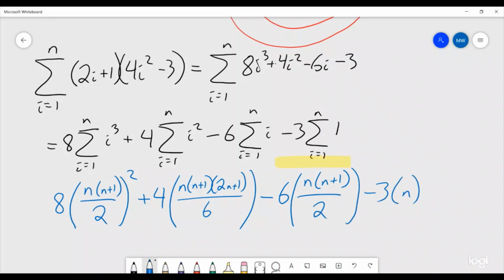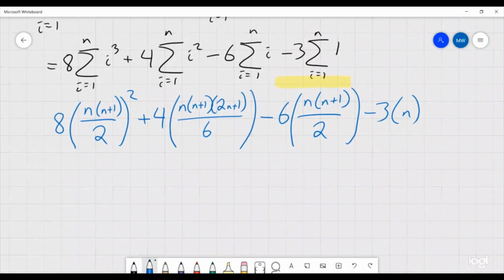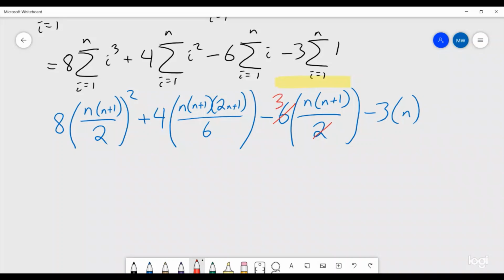That's what each of those sums go to. And you can try and combine everything together to see what it all simplifies down to. But that's probably about as good of a form as you can. Maybe simplifying a little bit, like this 6 and this 2 can become a 3. The 4 and that can become a 2/3. The 8 and the 2, that can become a 4. Those simplifications, but other than that, that's probably the best that you're going to be able to do.